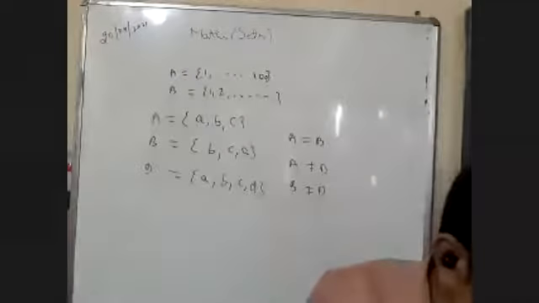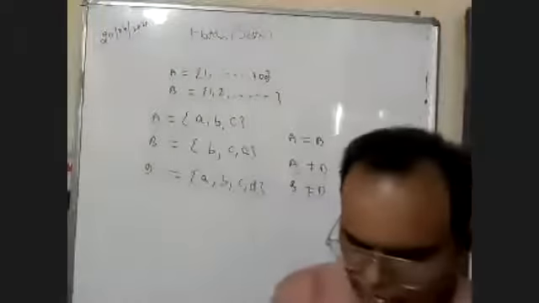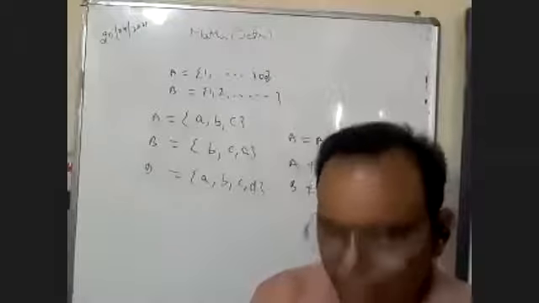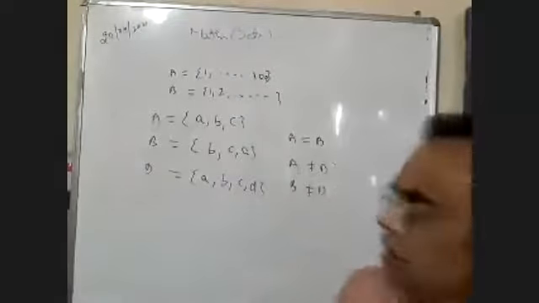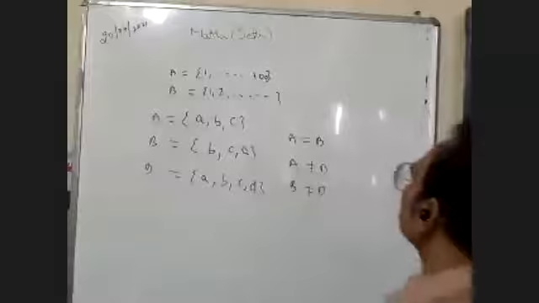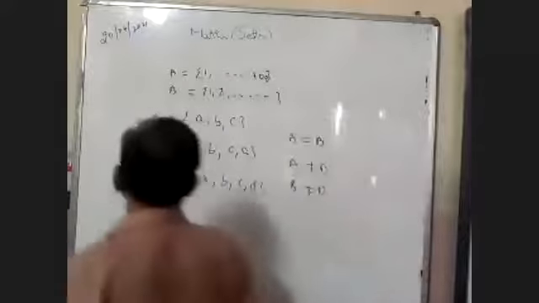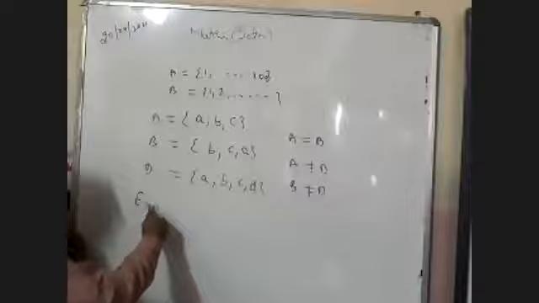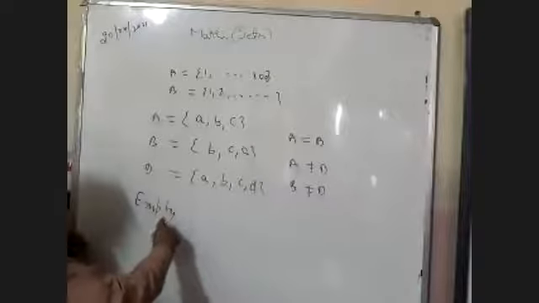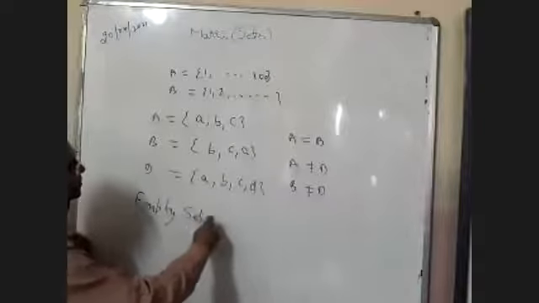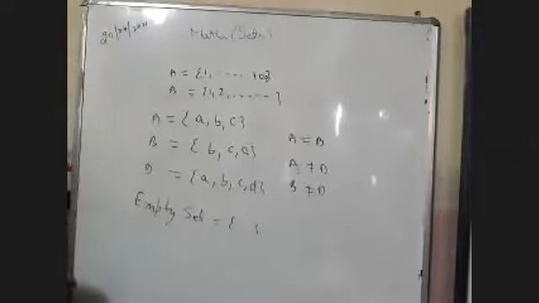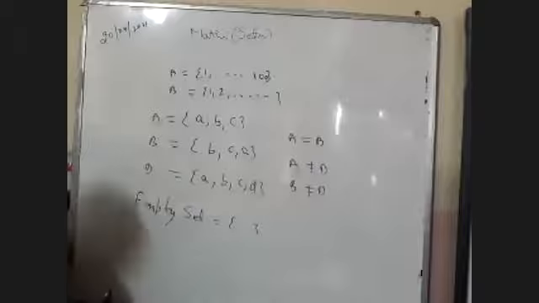Just I am taking the first question of this exercise 1.2. अच्छा, एक empty set हो रहा है. Empty set, if there is no element, ठीक है, that is known as the empty set. There is no element. We write in this way. ठीक है, one symbol is also being used, that is known as the phi.